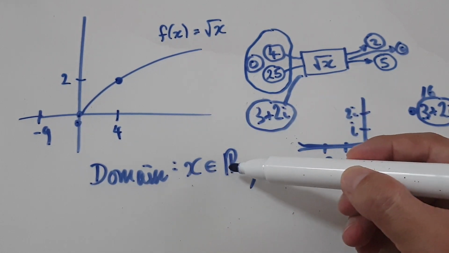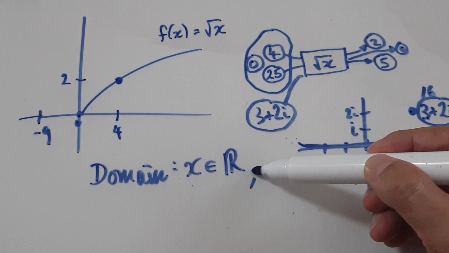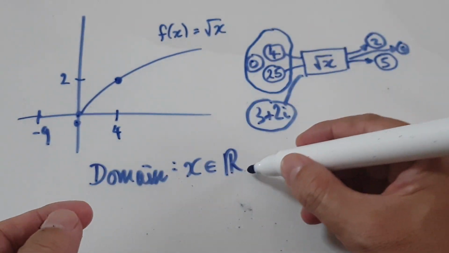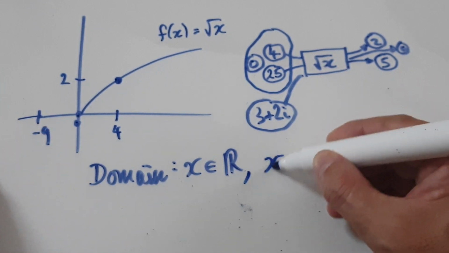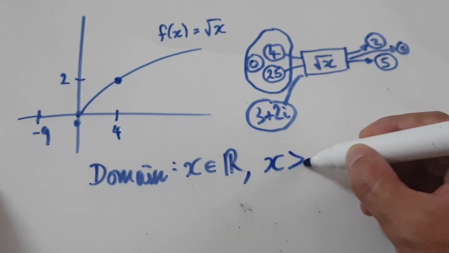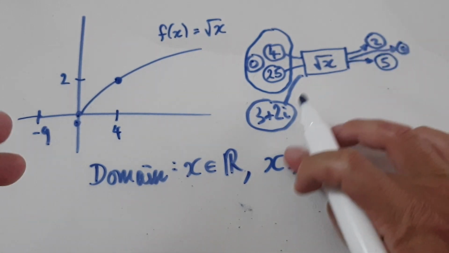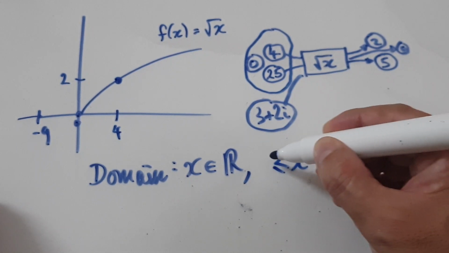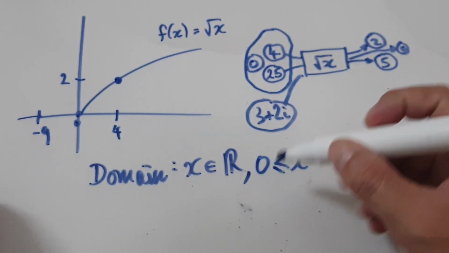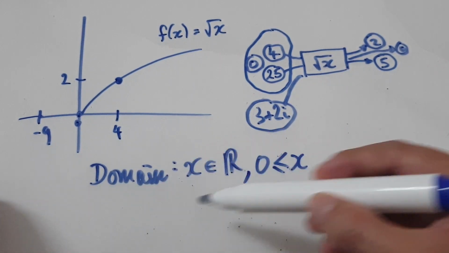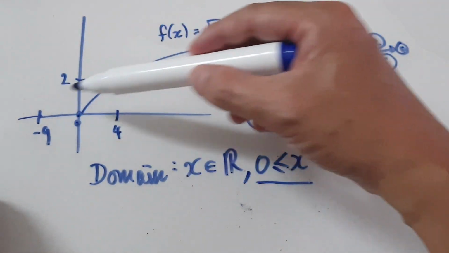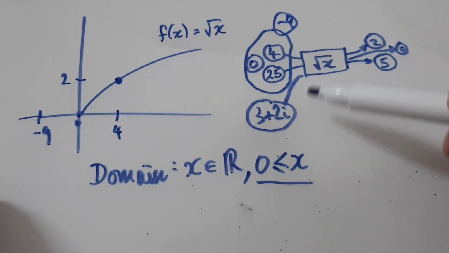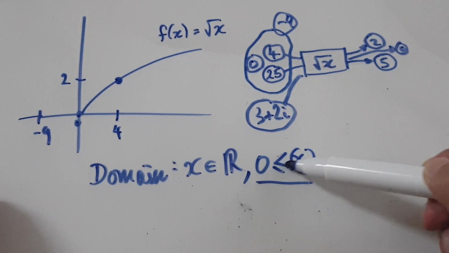So x belongs to anything on the real number line, comma, and then you have to state a further rule: that x must be greater than or equal to 0, because it can be 0. By making this statement, it's saying don't put any negative numbers in there, like -9. Don't put -9 in there, it will break down. So x must be bigger than or equal to 0.